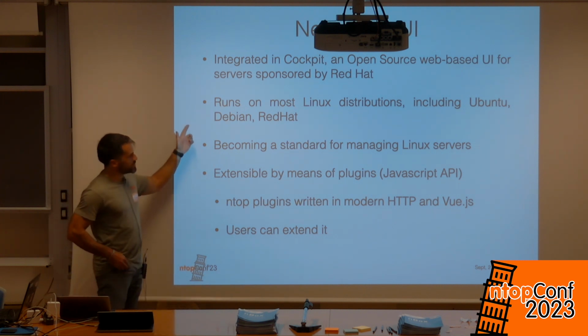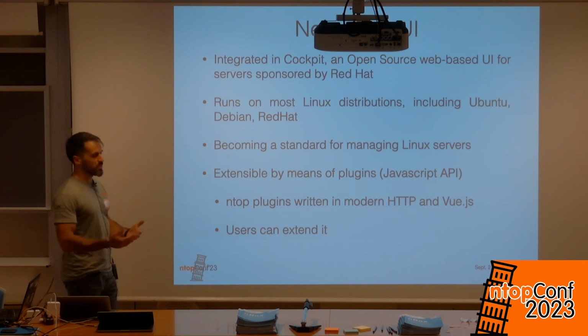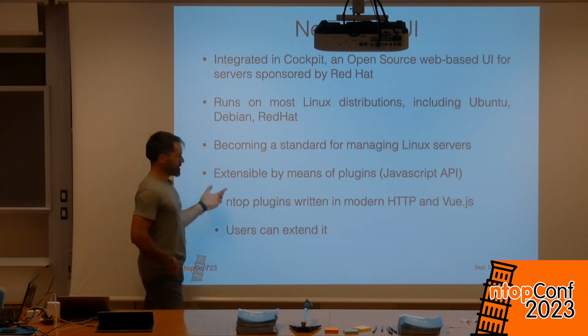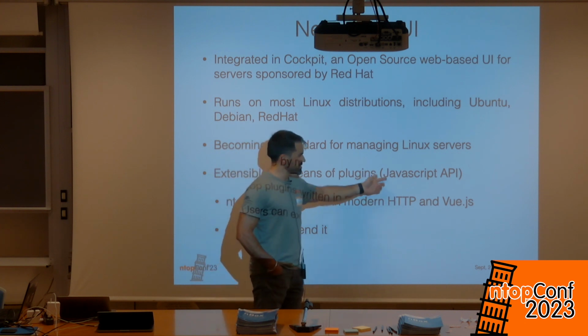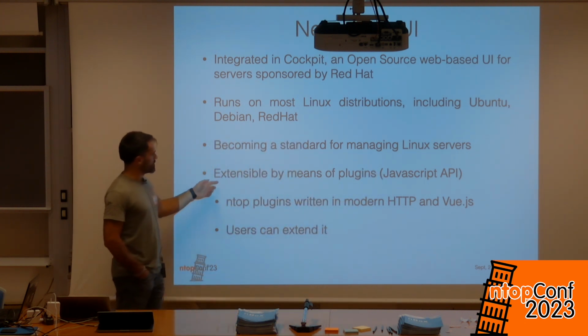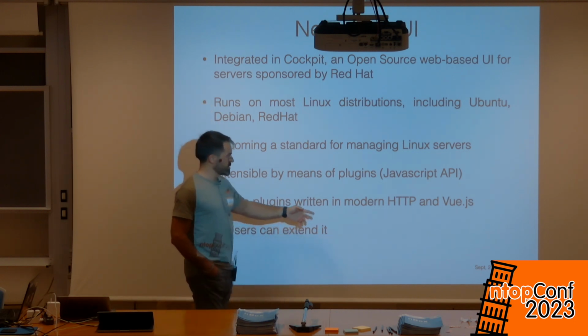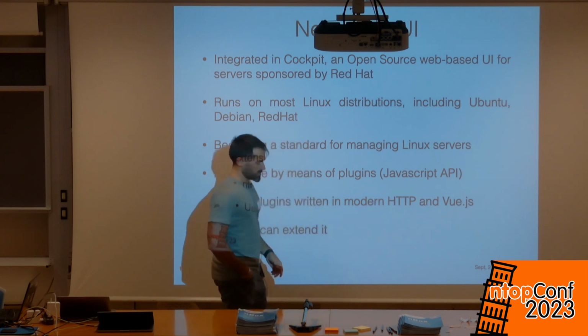But this allows us to extend the user interface by means of plugins, which are in practice JavaScript stuff. So we decided to take Cockpit and extend it with plugins using HTML and Vue.js, which is really simple.